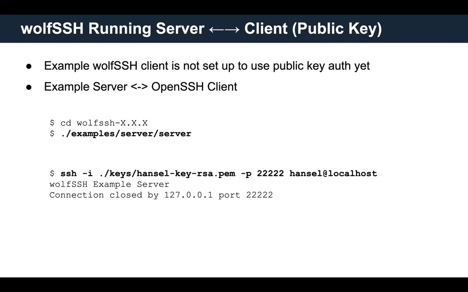So if it sees the hansel-key-rsa.pem for authentication, it accepts that connection. By default, and I don't think I mentioned this, all of our examples are on port 22222, so five twos. That's somewhat similar to our default port that we use with wolfSSL, which is five ones. We just use five twos.